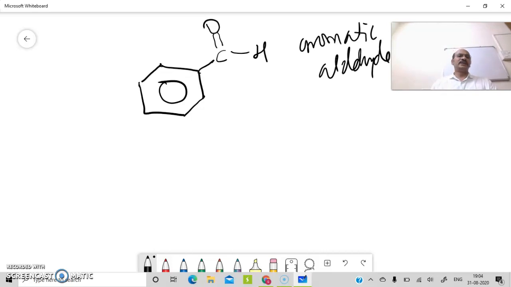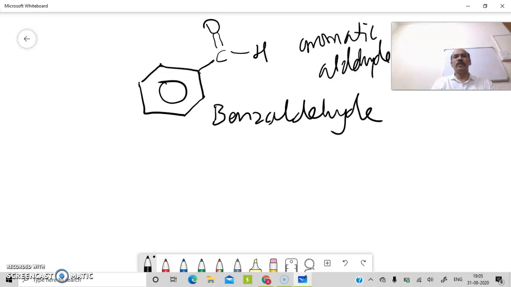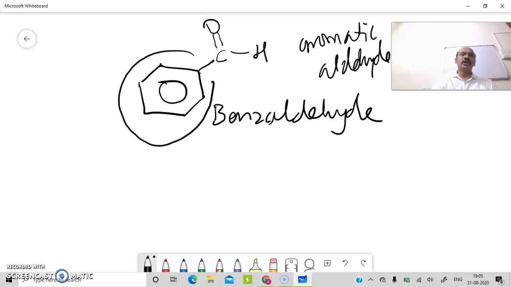And the IUPAC accepted name is benzaldehyde. Here there are a total of 6 carbons and this one is the 7th, but the name is benzaldehyde, an aromatic aldehyde.